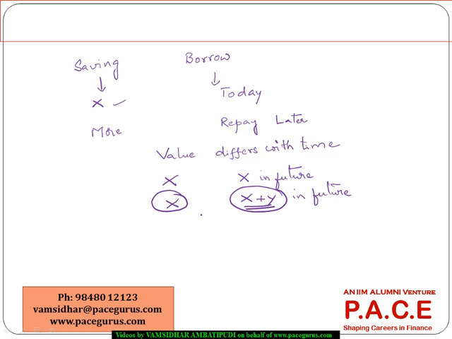So that is what we are trying to find, the equivalence between the cash flows at a future date versus a present date. What is it that makes these two cash flows the same?